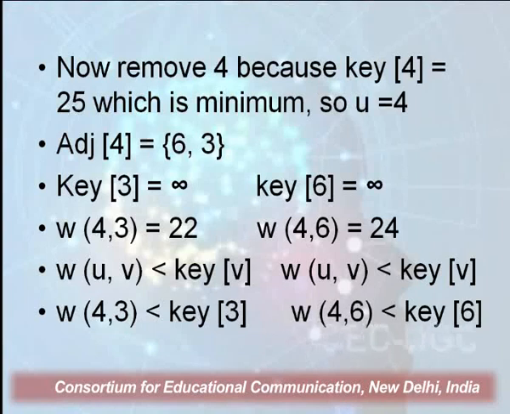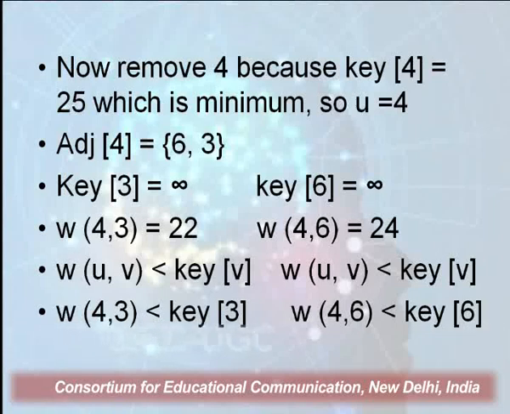So we will be removing the vertex 4 because that has the minimum key value. Now, looking at the adjacency list of 4, we have 6 and 3. Key of 3 is infinity, key of 6 is also infinity. Looking at the weights of the edges from the parent, 4 comma 3 is 22 and 4 comma 6 is 24.